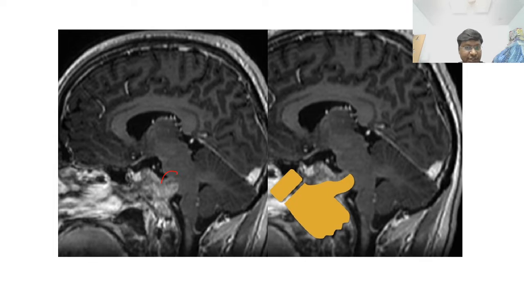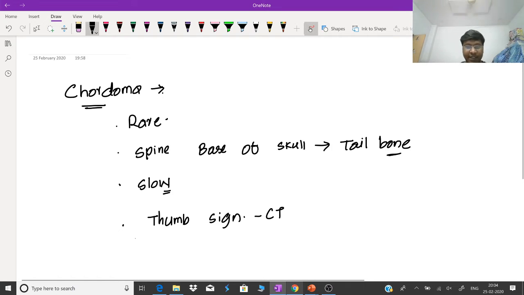You see this is your thumb, and this is the parallel image of it. Now what is it that you are noticing here? Let me tell you what you will notice. Remember this very important point here: it is the sella chordoma, originating from the sella turcica.